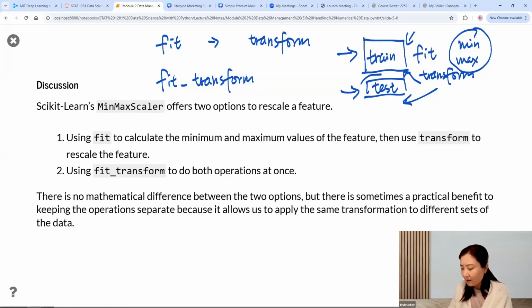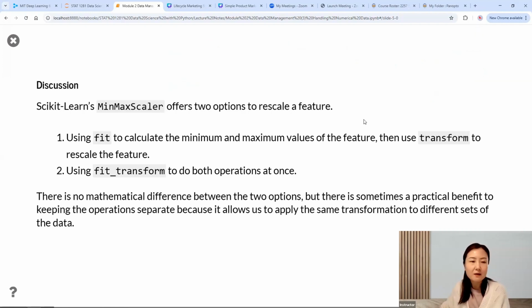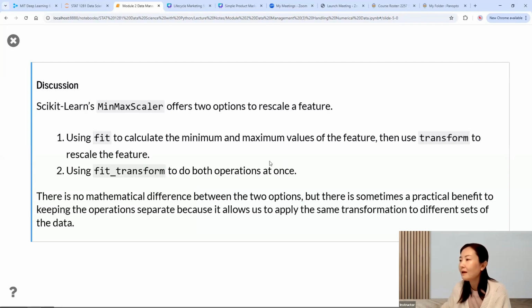At that time, it will be quite different. But for now, it doesn't matter, because we are not there yet. We're just talking about scaling. So for now, we can just directly call fit transform. This fit method will calculate some parameters. It really depends on the scaler or the model you are using.